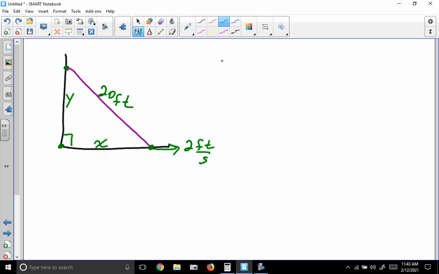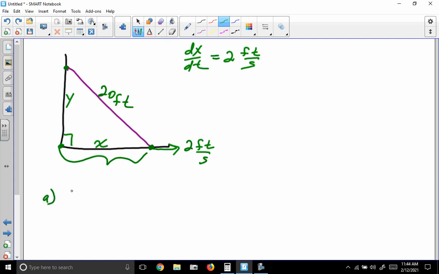So 2 feet per second, that's dx/dt. That's how fast this distance is going to change, because as we slide that point to the right, that distance x is going to be growing. So dx/dt is a positive 2 feet per second. One question we could ask is, how fast is y changing?